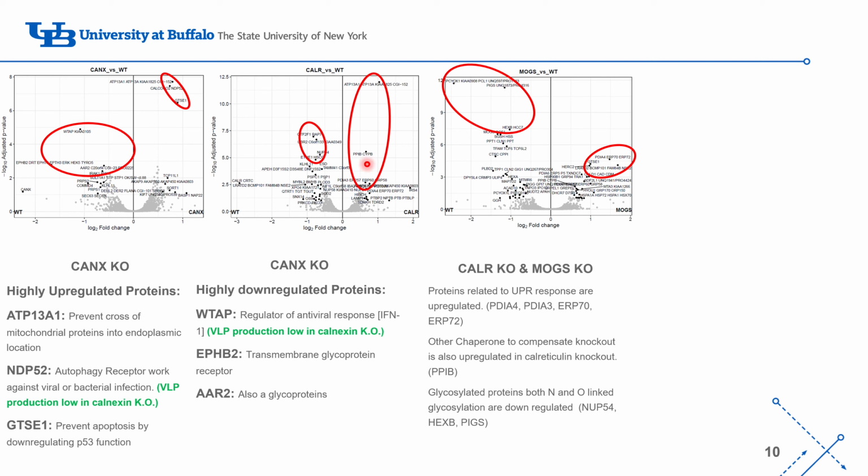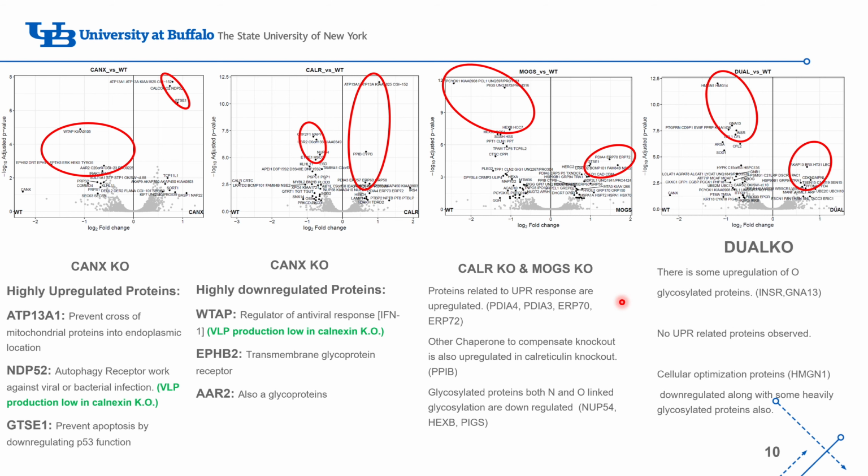This upregulation might compensate for the role of calreticulin, whereas it is not seen in the other knockouts. And the glycosylated proteins, both N- and O-linked glycosylations, are downregulated in both the knockouts.